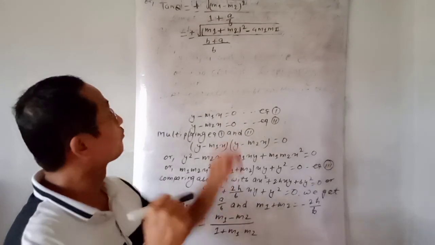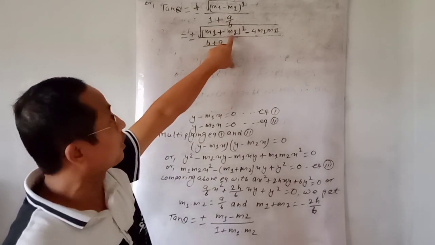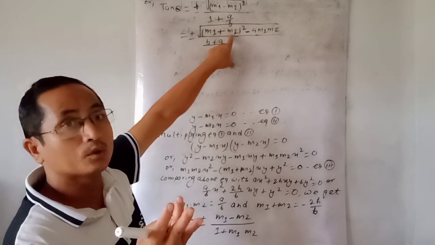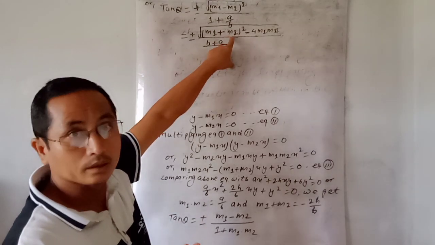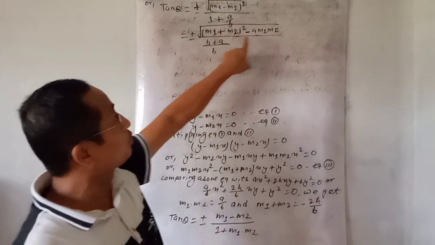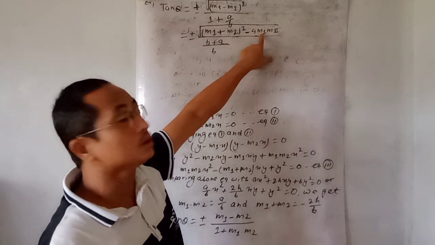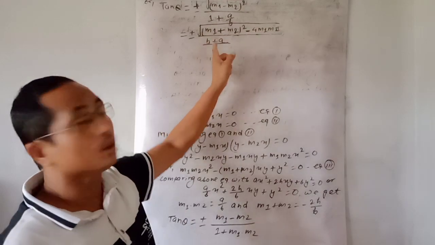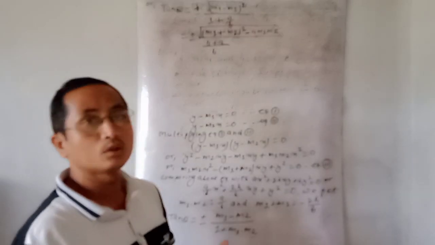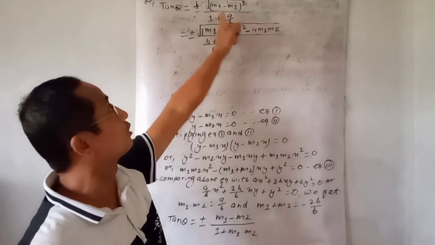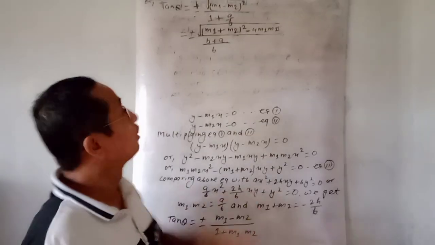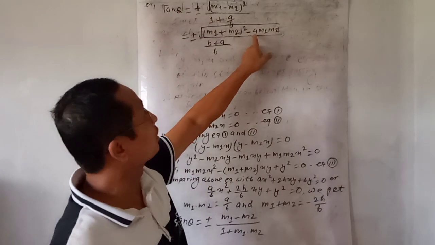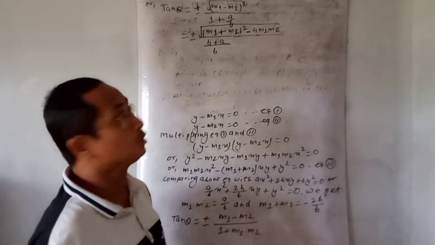Listen once. The formula for m1 plus m2 whole square is m1 square plus 2 m1 m2 plus m2 square. Here we have minus 4 m1 m2, so subtracting, the result is m1 square minus 2 m1 m2 plus m2 square, which is equal to m1 minus m2 of whole square. So in place of this we can write m1 plus m2 whole square minus 4 m1 into m2.